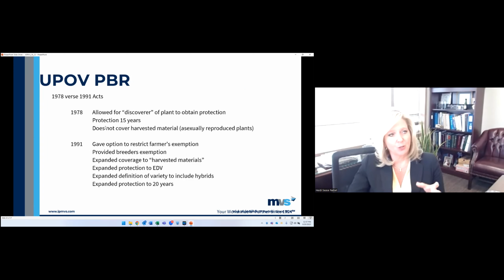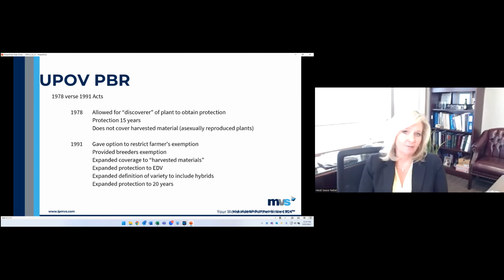The difference between the two acts: 1991 was where they enacted the farmer's exemption, which allows a farmer to reproduce an amount equivalent to what was purchased for their own personal use. The breeder's exemption allows plant breeders to use the material once they have gained access to it to breed for new varieties.